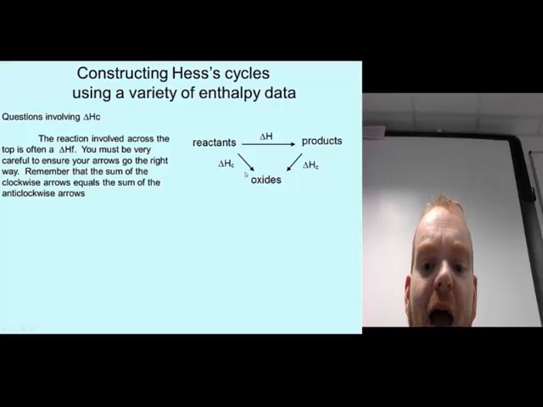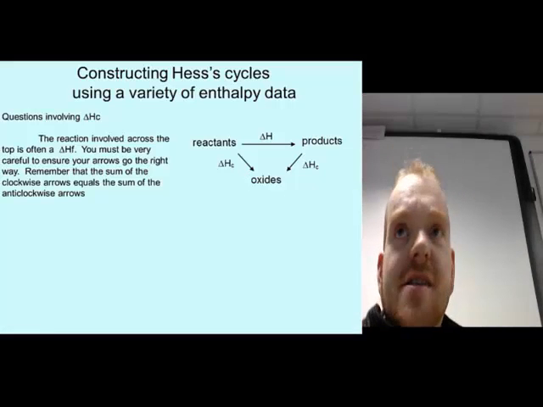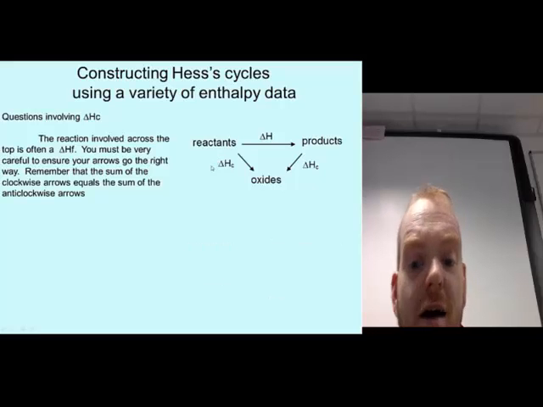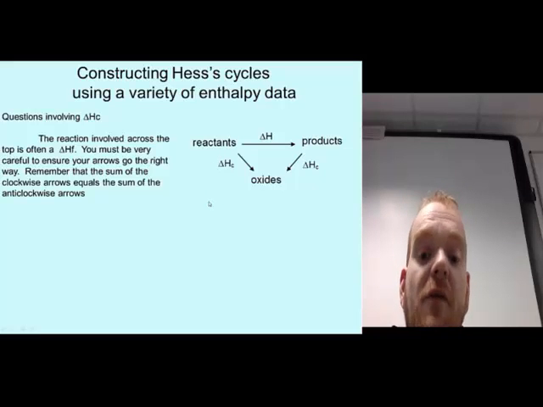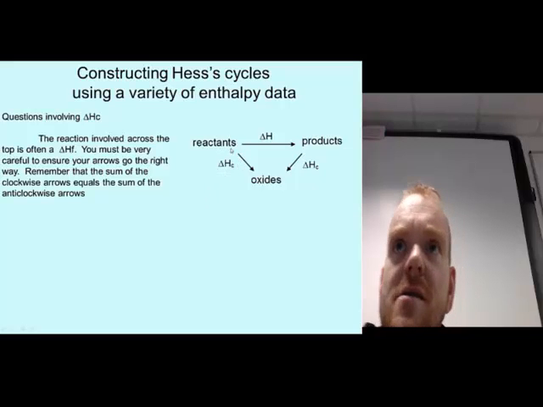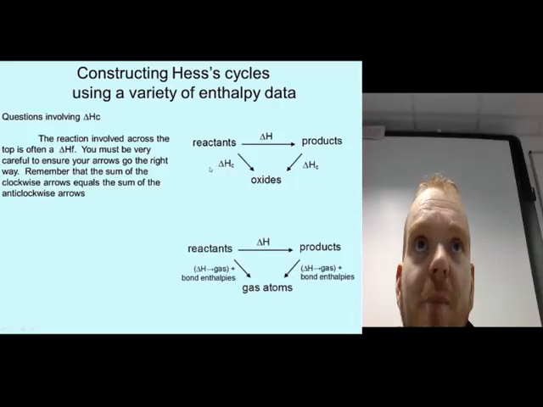Remember: cats eat dogs, so combustion, arrows down. Frogs are ugly, so formation, arrows up.